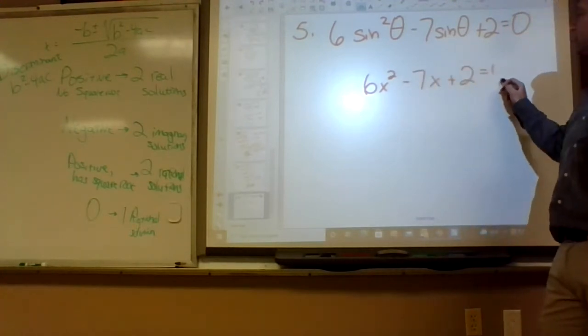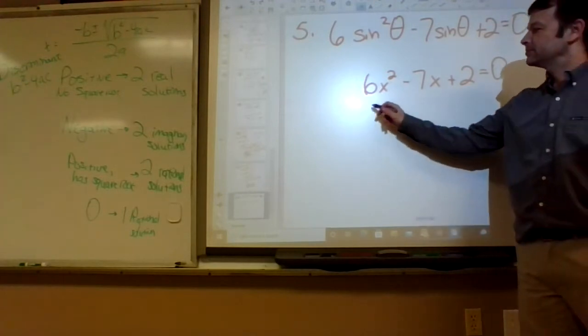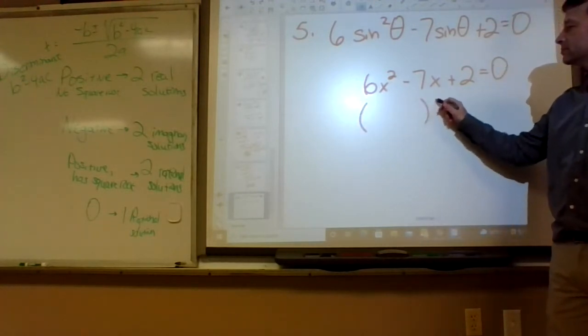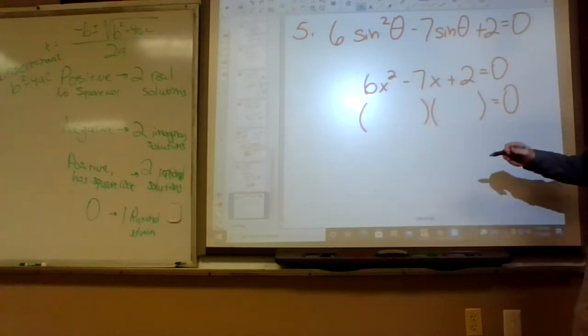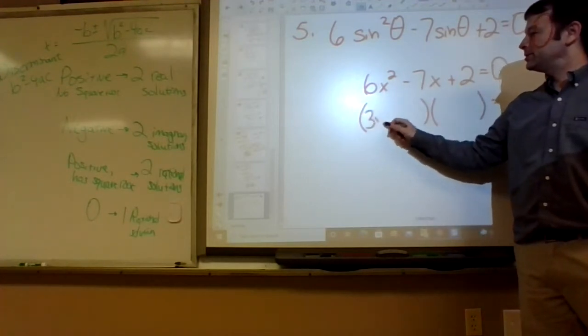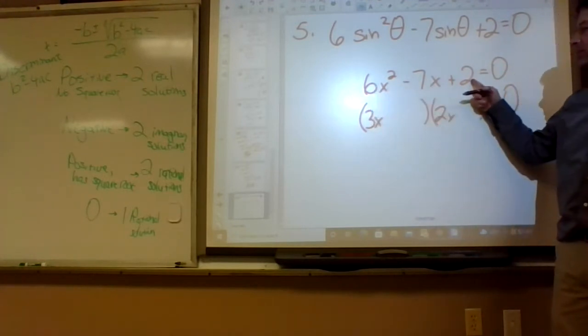You guys remember how to factor? Let's do the quadratic formula. Or 3x and 2x, right? That's what goes into 6x squared. What goes into 2?